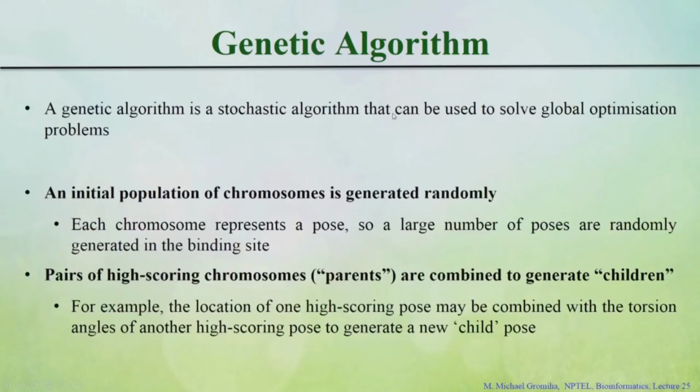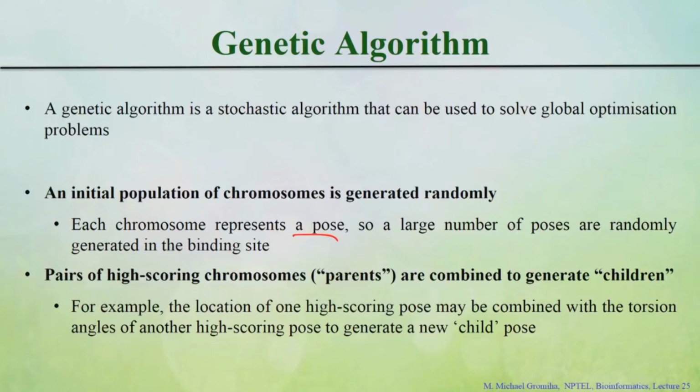And the other one, which is widely used, is the genetic algorithm. The genetic algorithm is a stochastic algorithm to sample the data. It is mainly used in global optimization problems. First, an initial population is generated randomly, and each chromosome represents a pose.